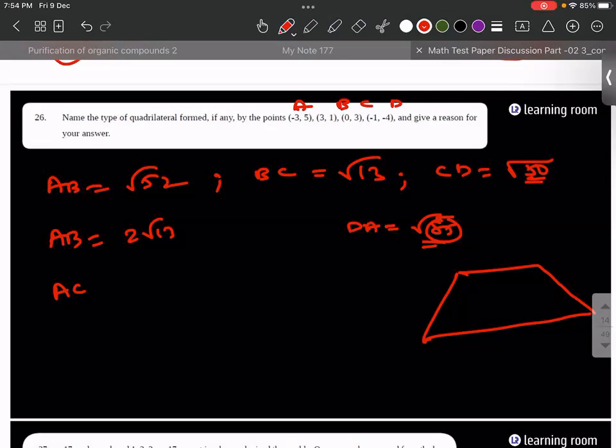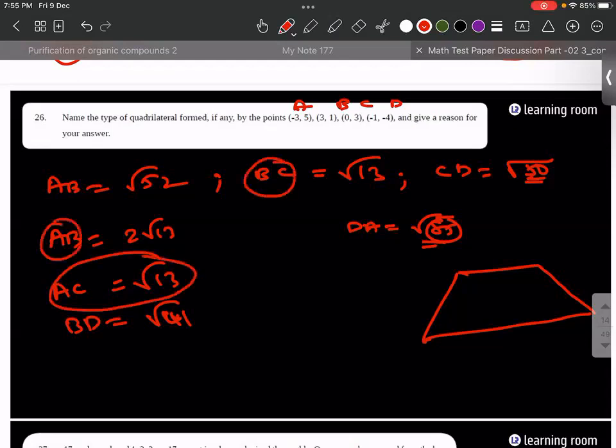AC is root 9 plus 4, root 13, no? What about BD? Root 16 plus 25. BD is root 41, no? So AC plus BC is equal to AB.